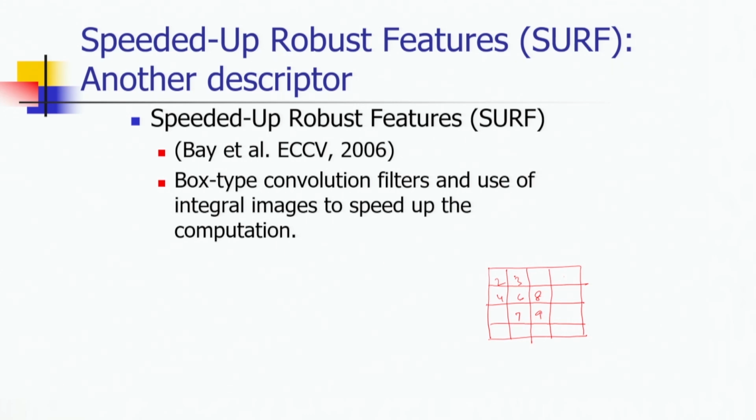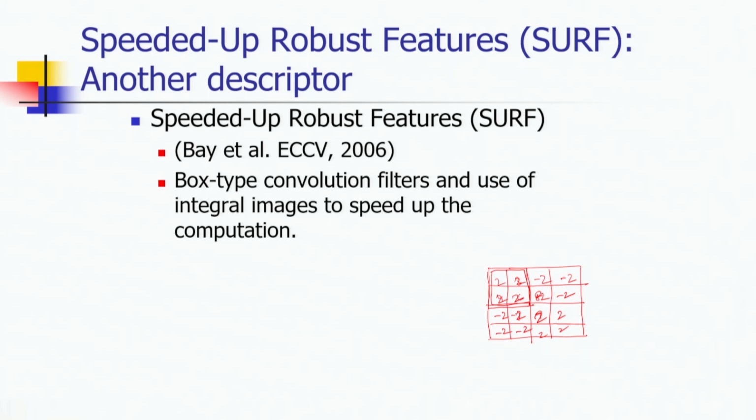But box filter means some of these weights are the same. So this region, this weight is the same. This region, this weight may be -2. Which means in a box filter, certain rectangular patches have constant weights, so it looks like a box, and it has certain advantages.